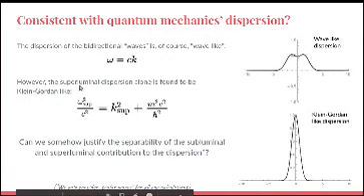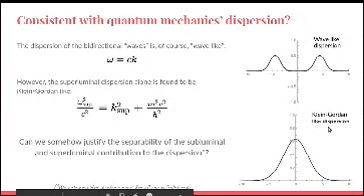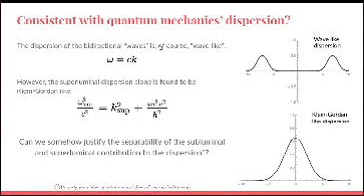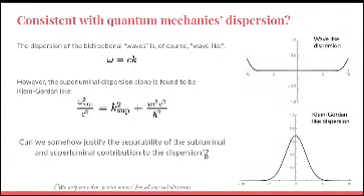Now, the superluminal waves have this Klein-Gordon dispersion, and they spread out how spin-free particles are supposed to spread out. But together with the subluminal wave, the dispersion becomes wave-like. So the question is, can we somehow justify the separability of subluminal and superluminal contribution to the dispersion?